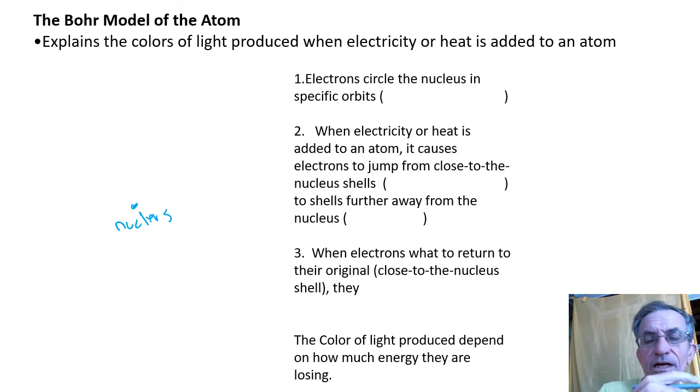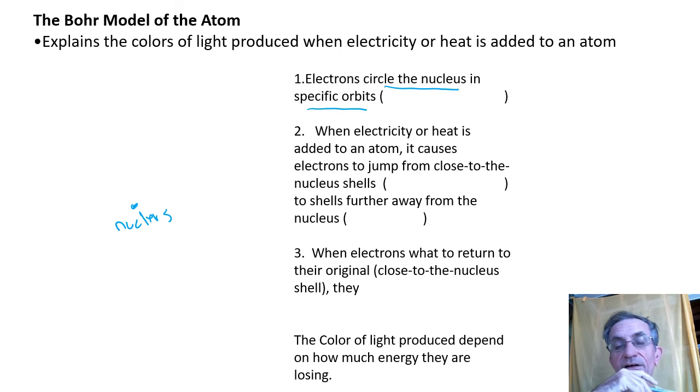And outside of the nucleus, there are areas where electrons can exist. Electrons circle the nucleus in specific orbits, kind of like how planets circle the sun.